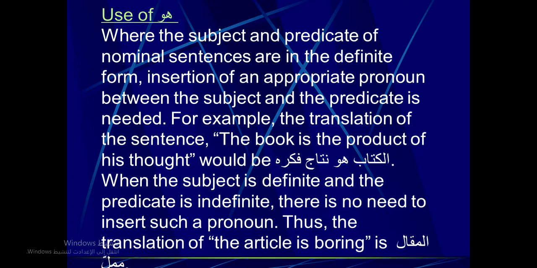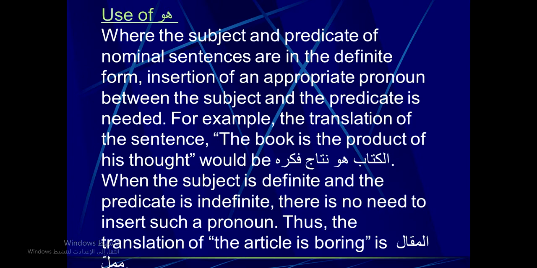So when the subject is definite معرف and the predicate is indefinite, there is no need to insert such a pronoun. Thus, the translation of the article is boring. We say المقال ممل, not المقال هو ممل.